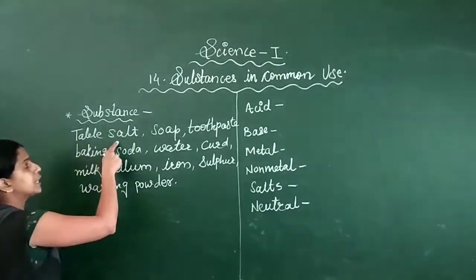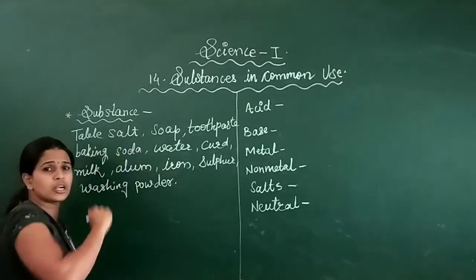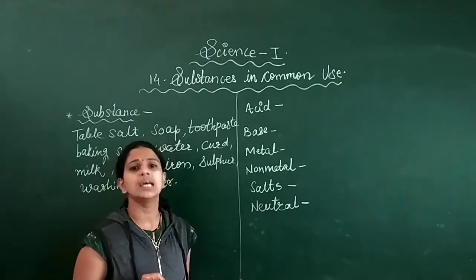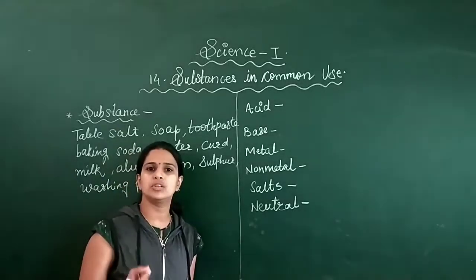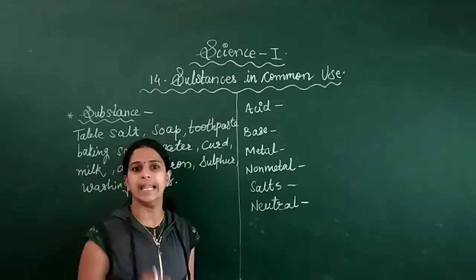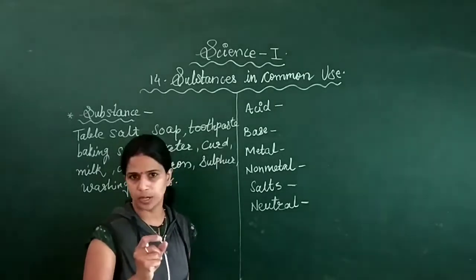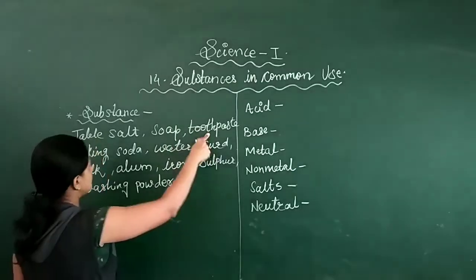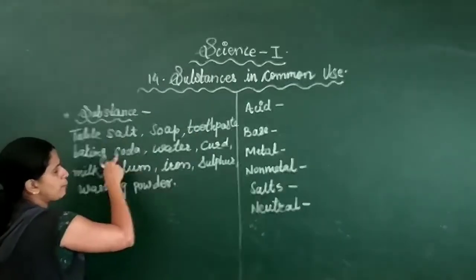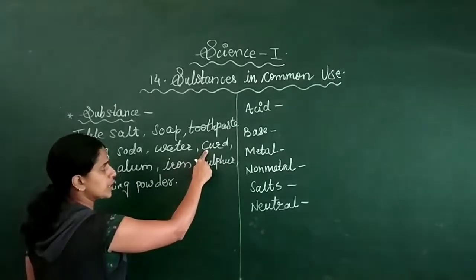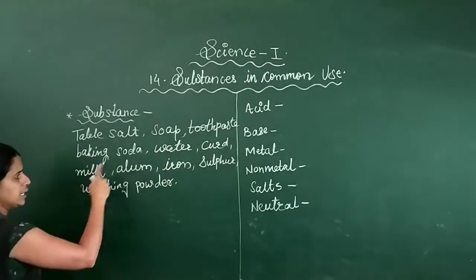The first one is table salt. Table salt means the salt which we use for eating daily. Then the next are soap, toothpaste, baking soda, water, curd, which is dahi in Hindi, milk, and alum.